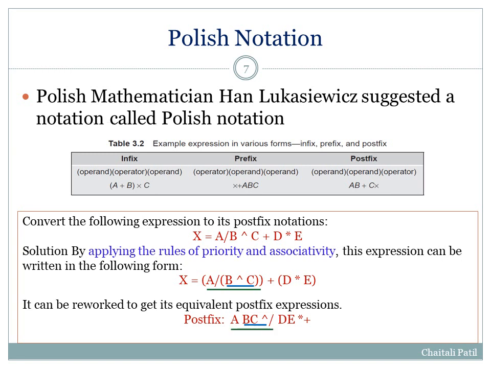So the postfix form of this complete bracket is a, b, c, raised to, and then divided by. Now one more bracket is there. This will be converted as d, e and the multiplication operator in postfix form.